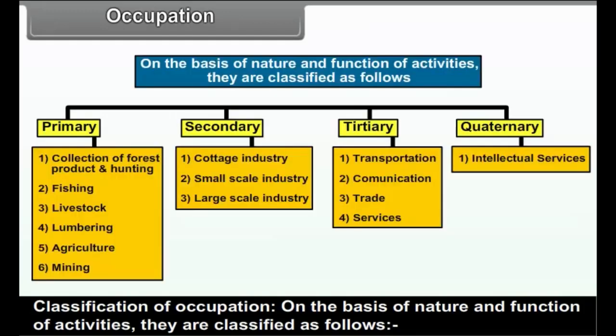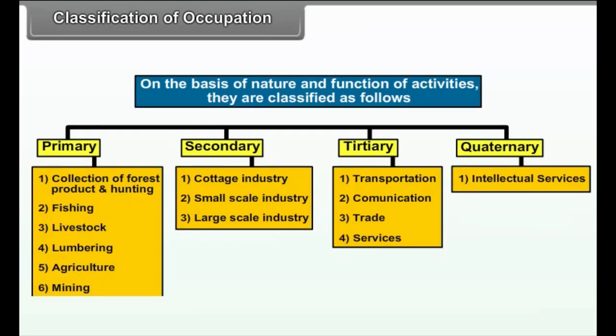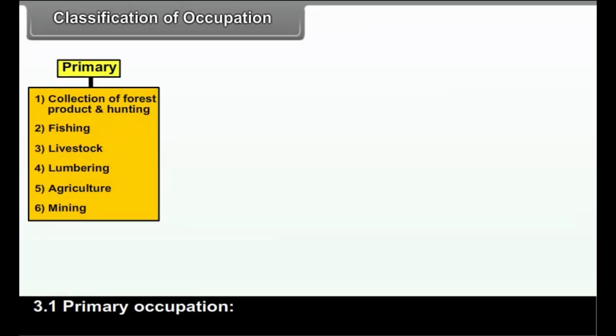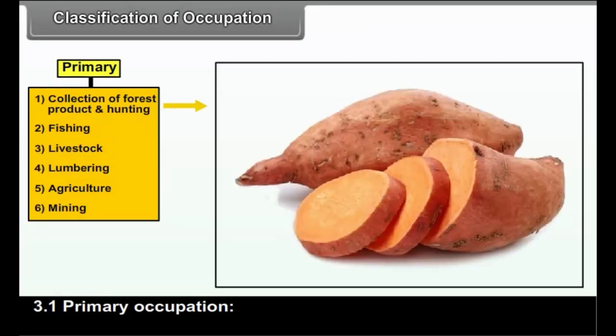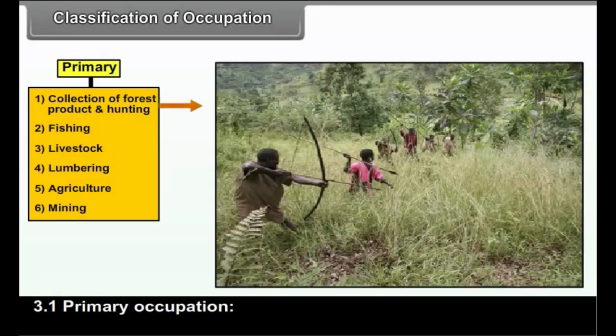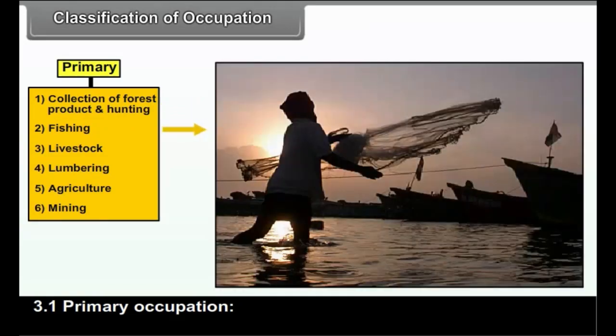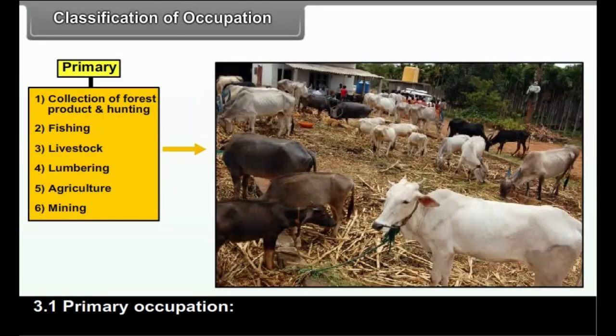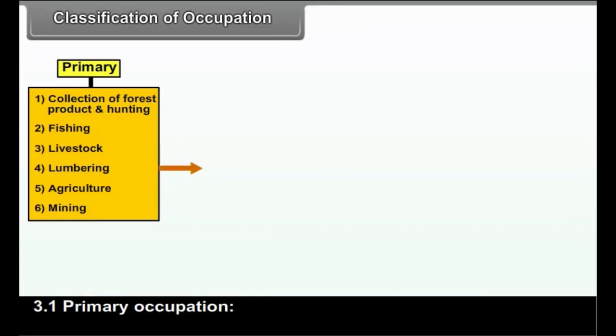Classification of occupation. On the basis of nature and function of activities, they are classified as follows. Primary: 1. Collection of forest products and hunting, 2. Fishing, 3. Livestock, 4. Lumbering, 5.